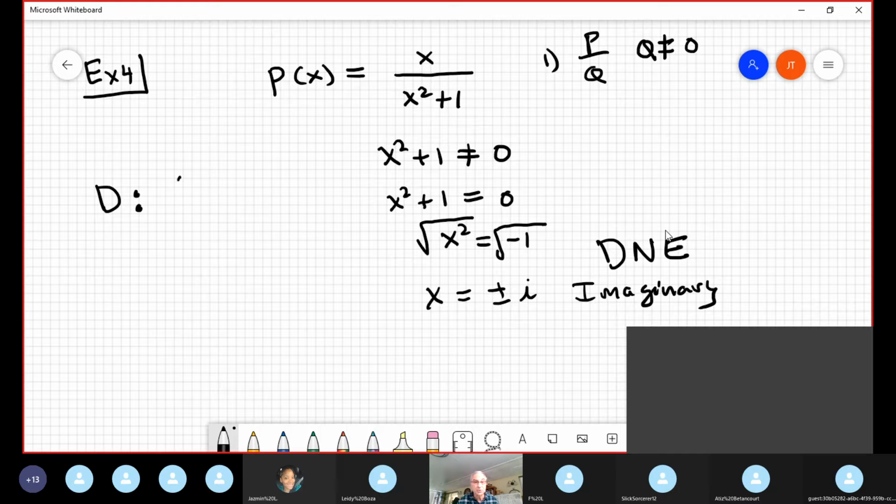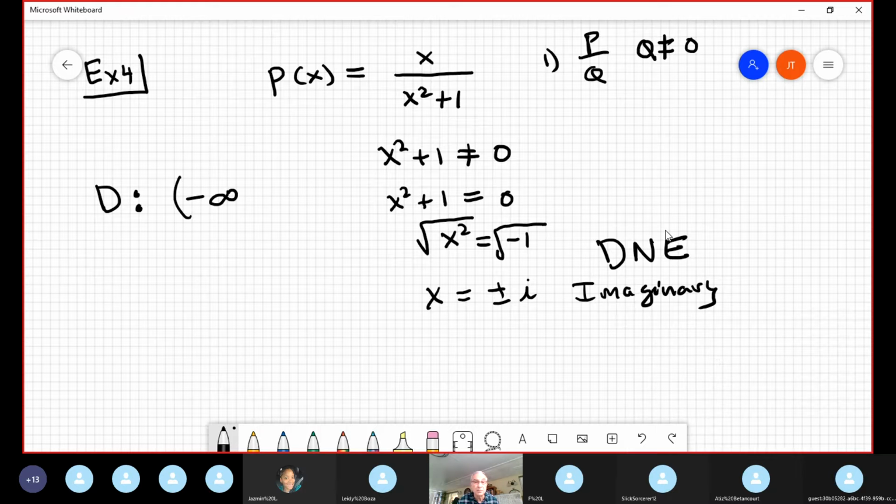Okay, the supposition is all real numbers, except restrictions. But I discover that the restrictions do not exist because they are imaginary or complex. Therefore, the domain is all real numbers. Nice. Any question?